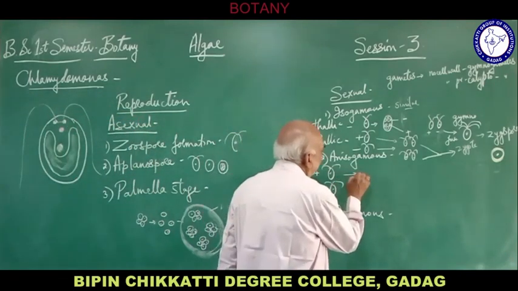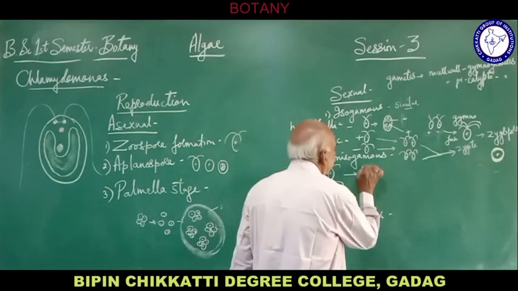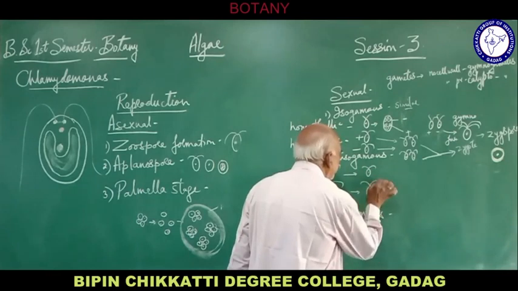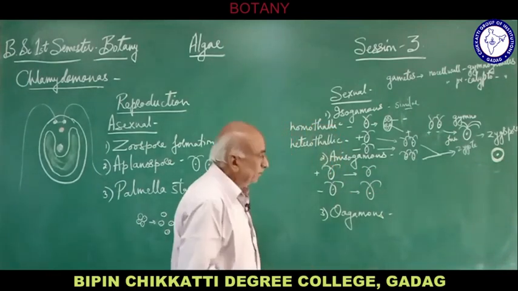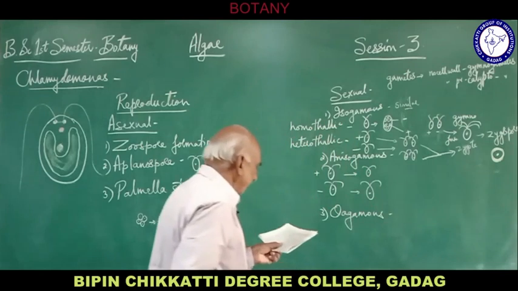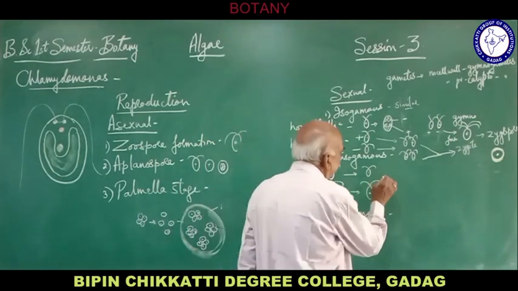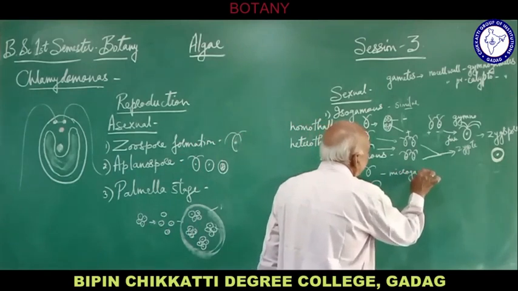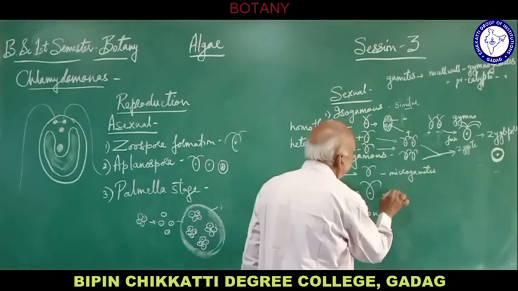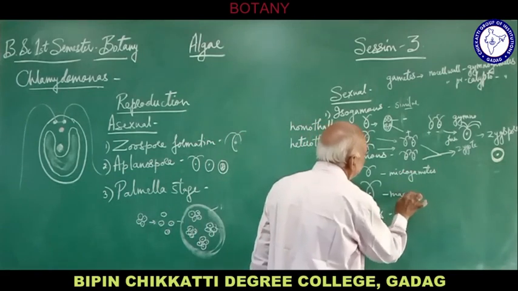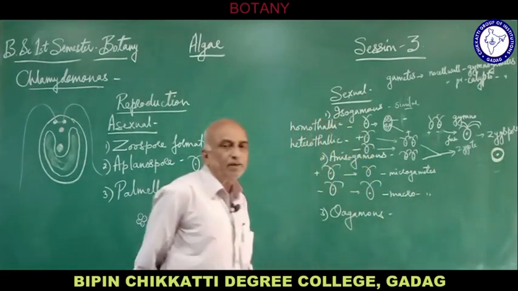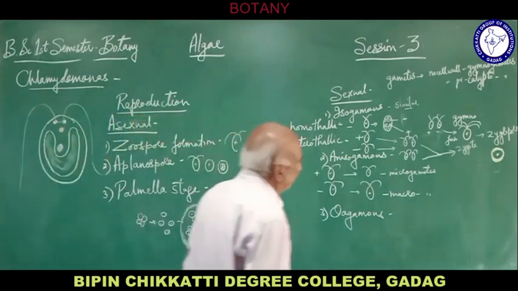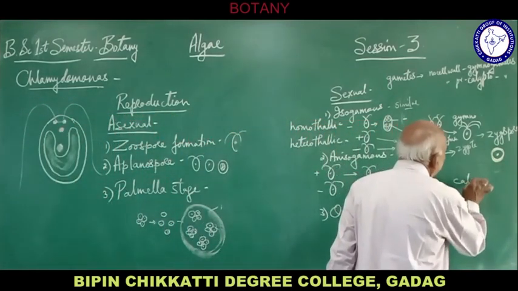So the male gametes are somewhat smaller. The female are somewhat larger gametes. The male which are formed, that is the plus type, are called microgametes, and these are called macrogametes. So microgametes are small and macrogametes are larger, and these gametes are usually calyptogametes.